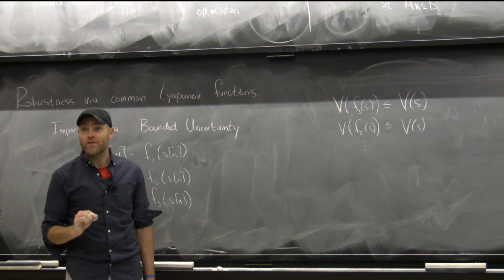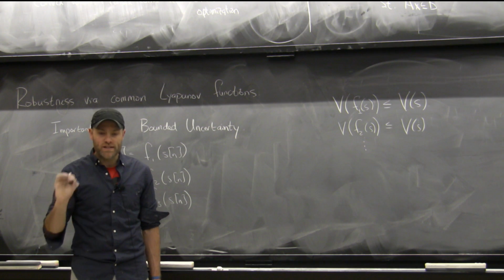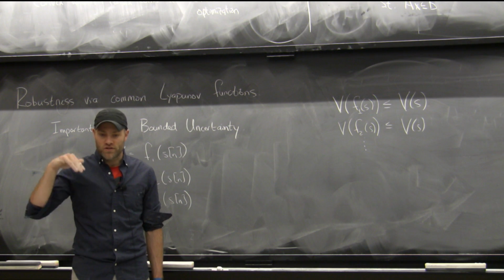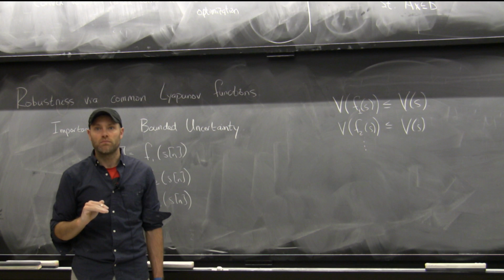You just add more constraints, saying that for all the instantiations of my model, the Lyapunov function is still going to go downhill as I proceed.